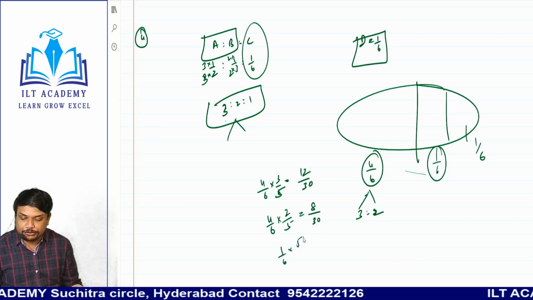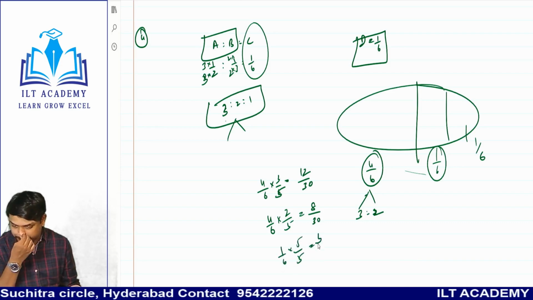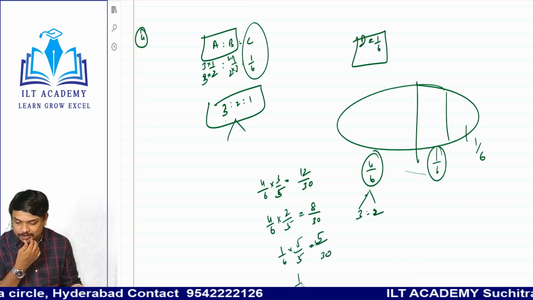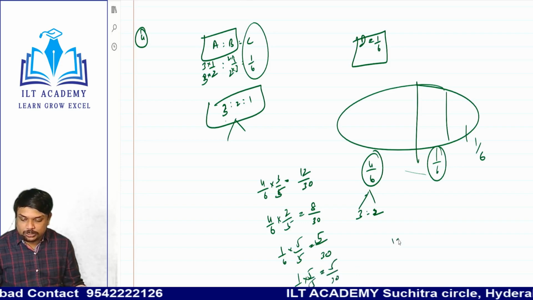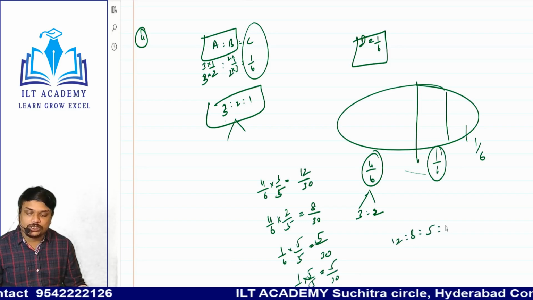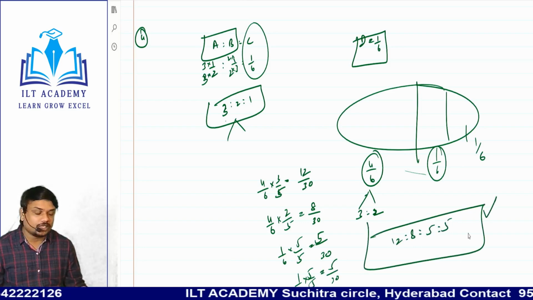And 1/6 into 5/5 is 5/30. So the ratio is 12:8:5:5. This is also the case we have done.